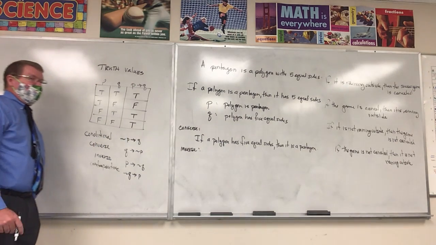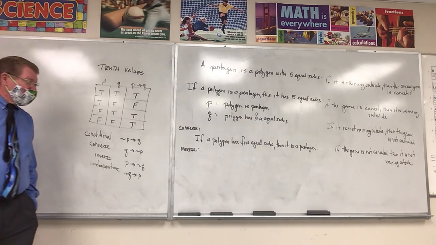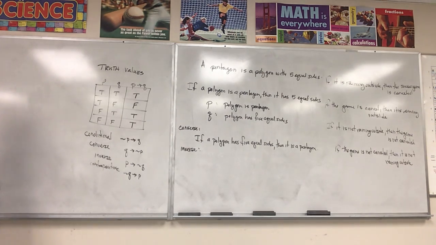What's my inverse? Are you trying to negate the converse, or are you trying to just... where the inverse negates what? Negate P and Q. Okay? Are you doing the P and Q with the converse, or the original?